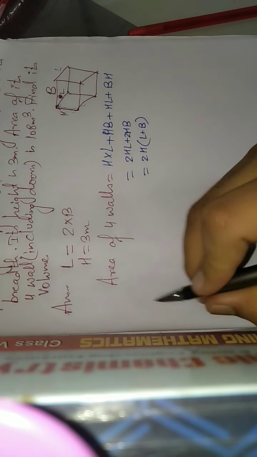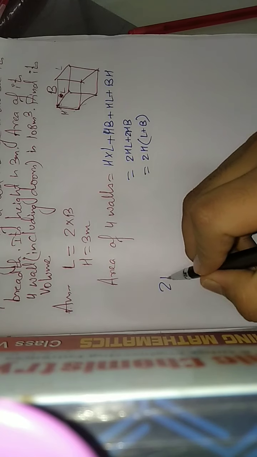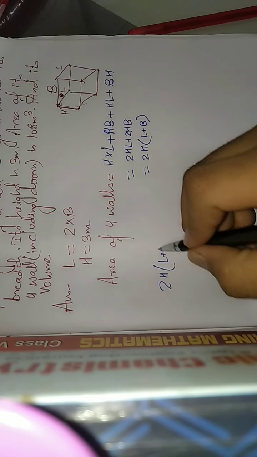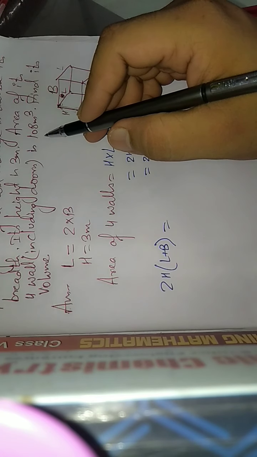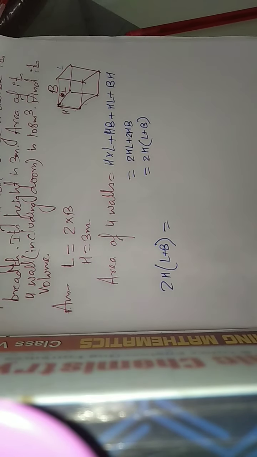It means that 2H into L plus B, the area of its four walls, is 108 meter squared. This will be square, not cube, because this is area, not volume.